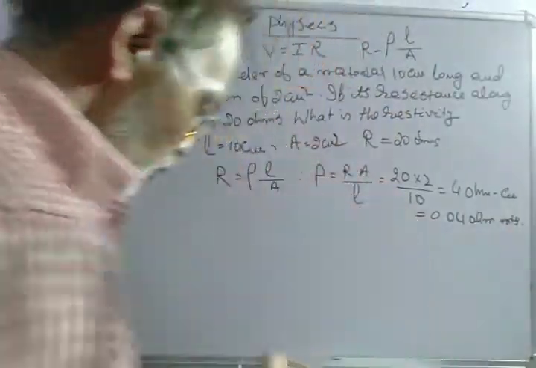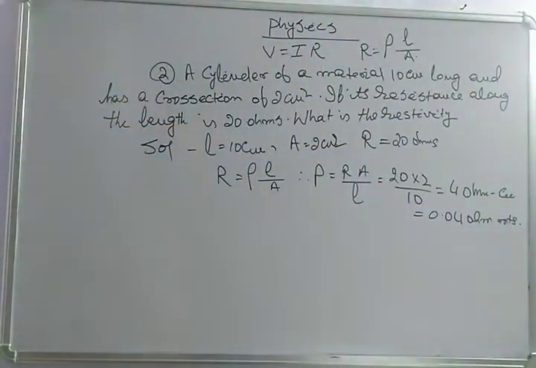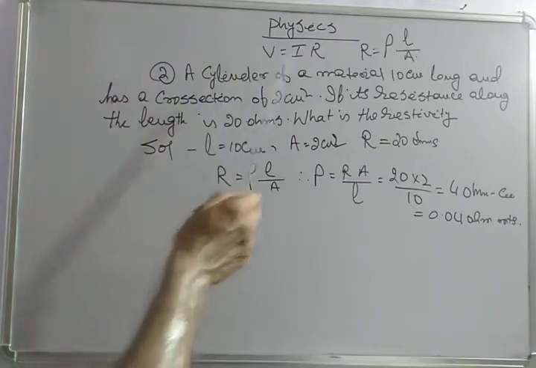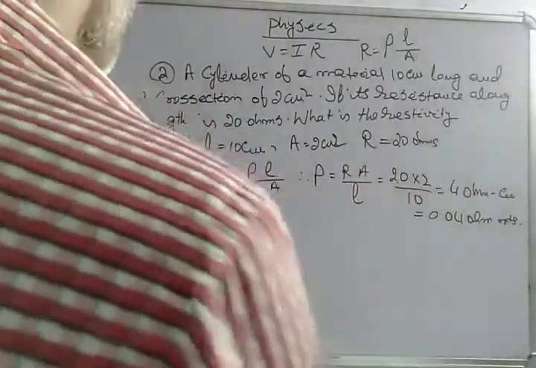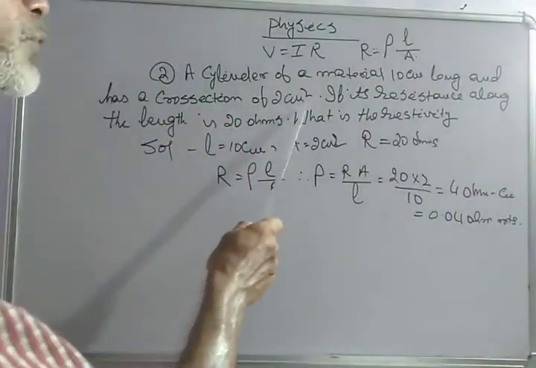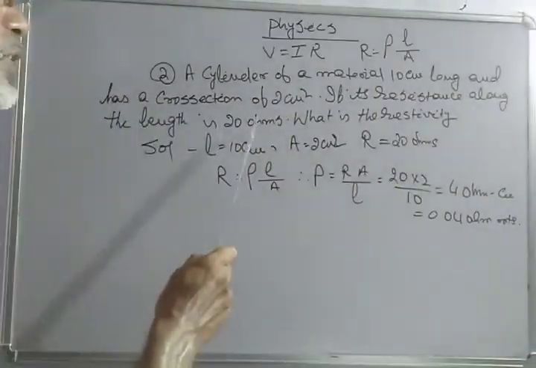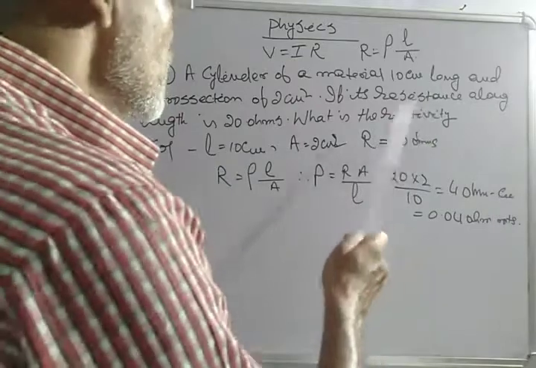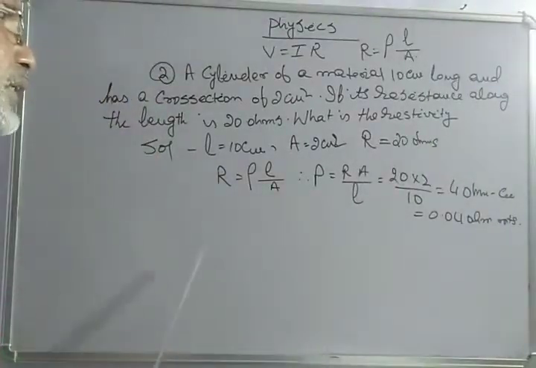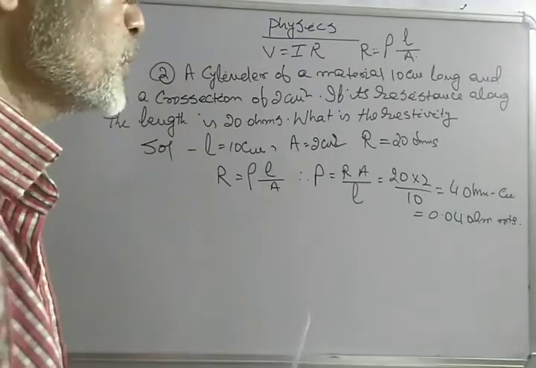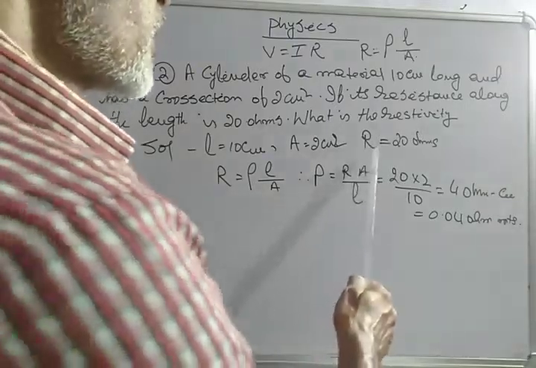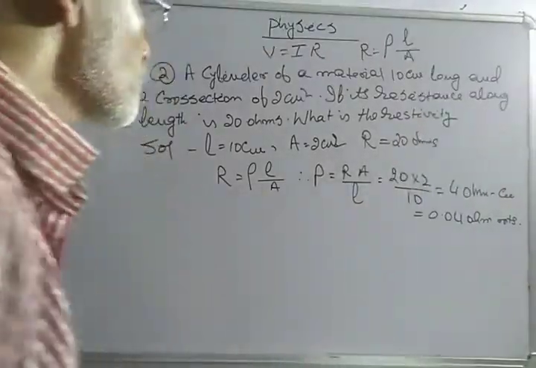Again I am telling you, the question is something like this way. A cylinder of material 10 centimeter long and has a cross section of 2 centimeter square. If its resistance along the length is 20 ohms, what is the resistivity? Solution: length is equal to 10 centimeter, area is equal to 2 centimeter square, resistance is equal to 20 ohms.